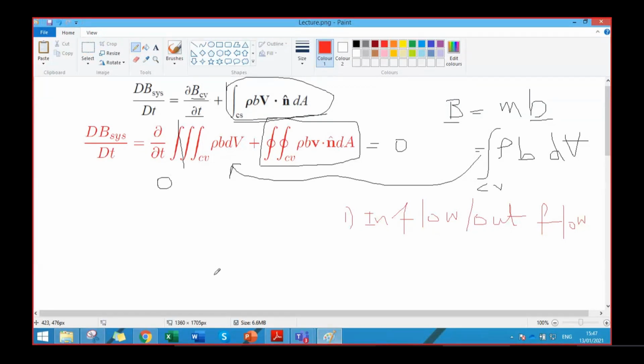Again, that would be the same as when there is no inflow or outflow. That can be that velocity is 0, or the flow is parallel to the control surface. The second situation is when the mass coming into the system is equal to the mass going out of the system. That is, the inflow is equal to the outflow. The net flow would be 0. So this term would be 0 in that case, right? Yes, sir. Clear?